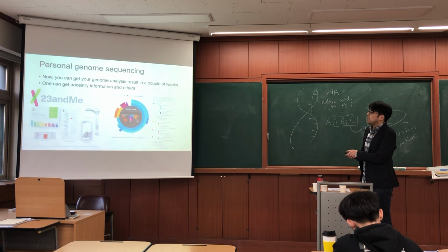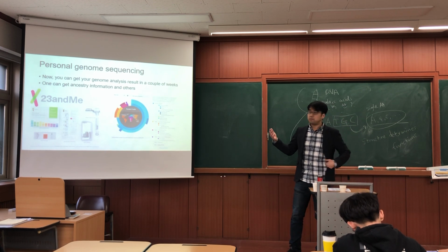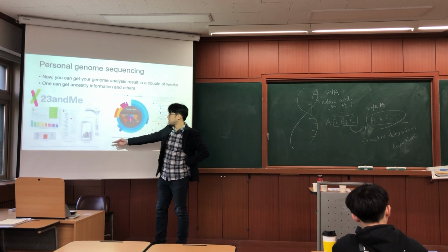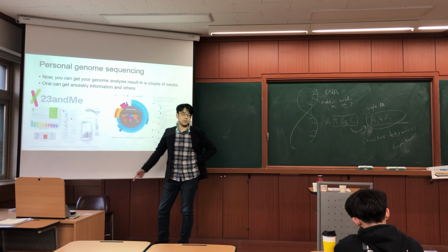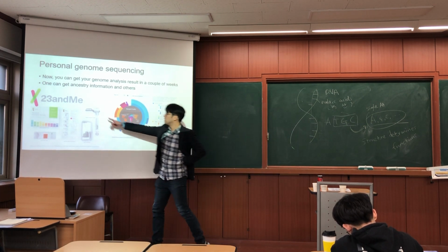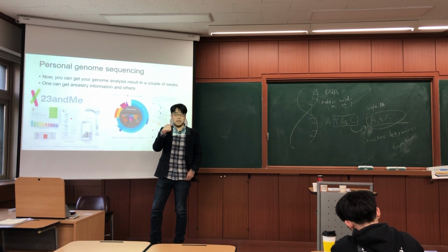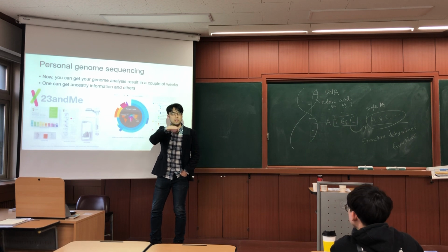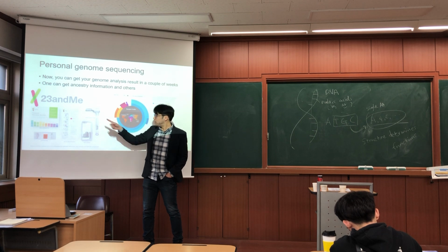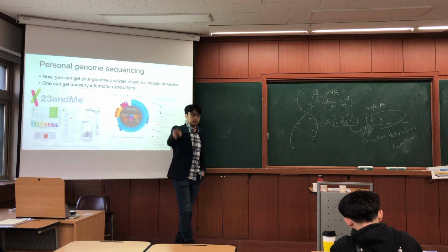In the US, this is very popular these days. If you pay about $150 to the company, they will send you a small experimental kit, and you can scrub your tongue or the inside of your cheek, sample your DNA, put it into this kit, and send it back to the company.